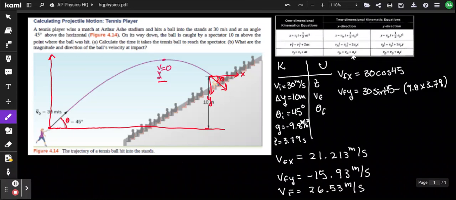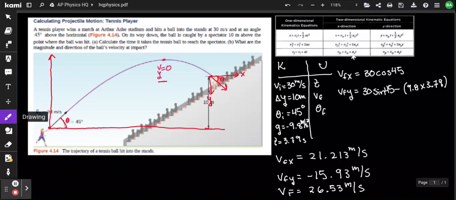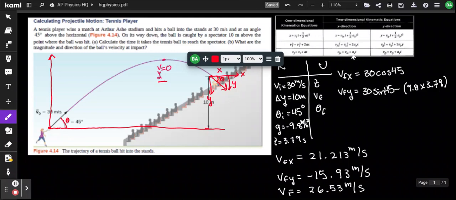Now, in order to figure out our angle, I'm going to show you the visual representation of our triangle, which is going to be our y and our x right here. This is opposite over adjacent, so tangent of theta is opposite, which is y, over x. To isolate theta, we can do tan inverse of y over x.